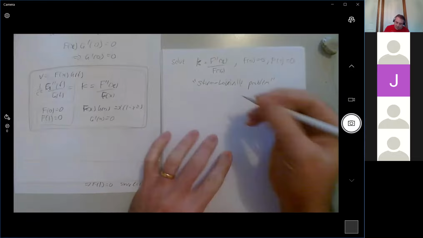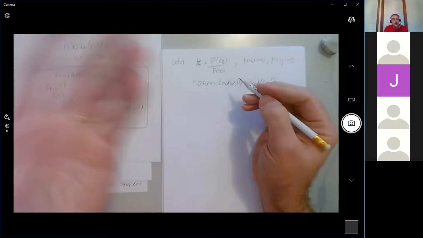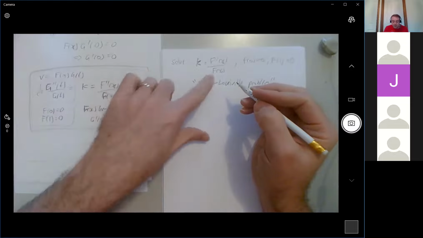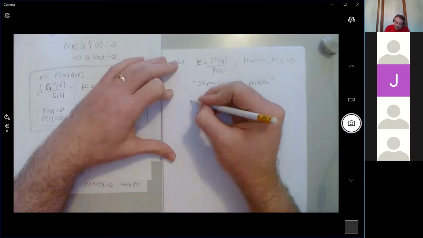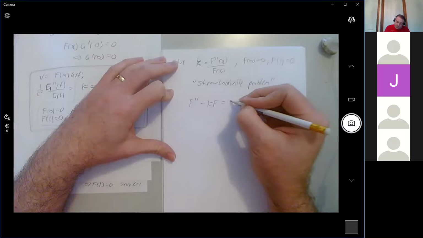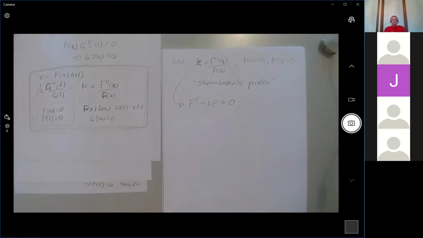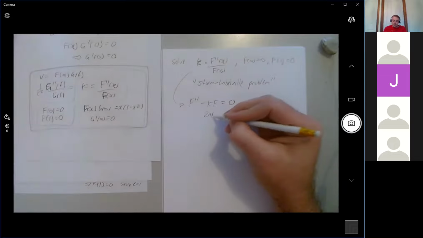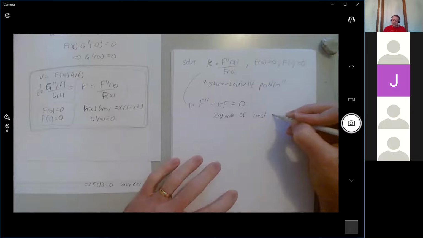Because if I rearrange this, I can put the f of x up there, and I'm going to remove the x's because I know everything is in terms of x now. So I'm going to put this up here, and then rearrange it, and I can get to here: f double dash minus kf is 0. So this is a second order DE with constant coefficients.